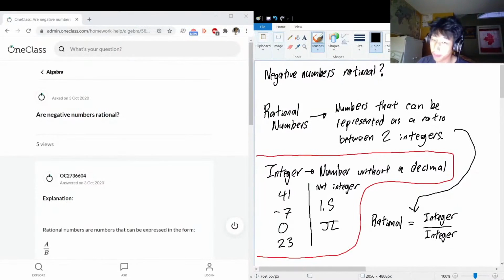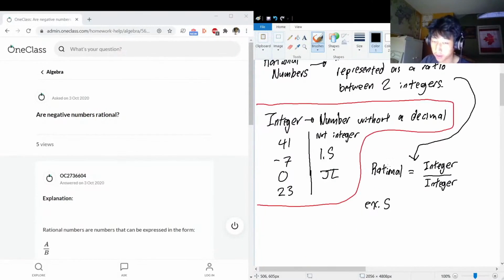So an example like 5 is definitely a rational number because you could represent it as an integer divided by another integer. You can do it like 5 divided by 1. That would be an example of a rational number.